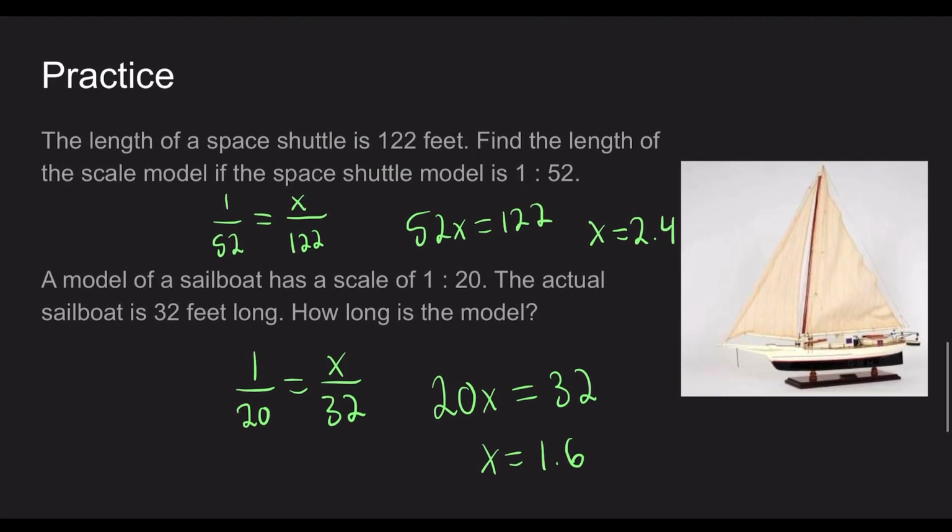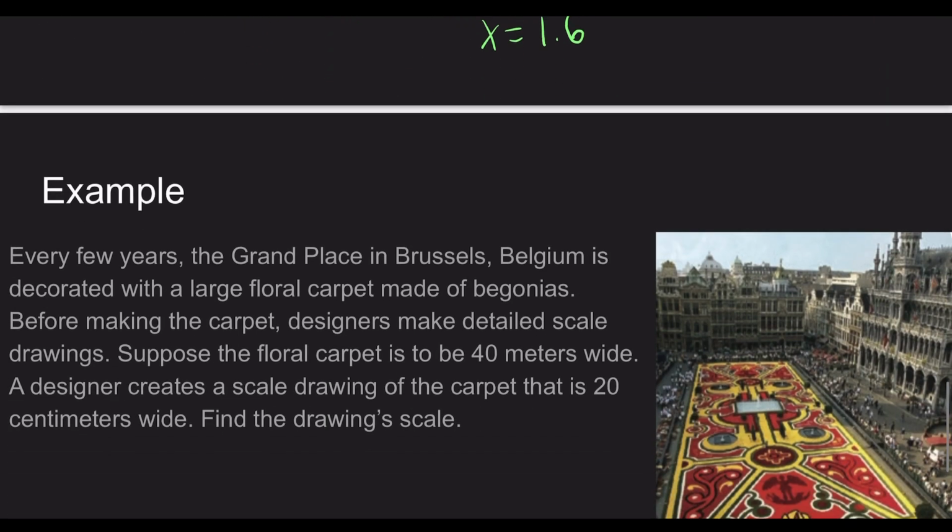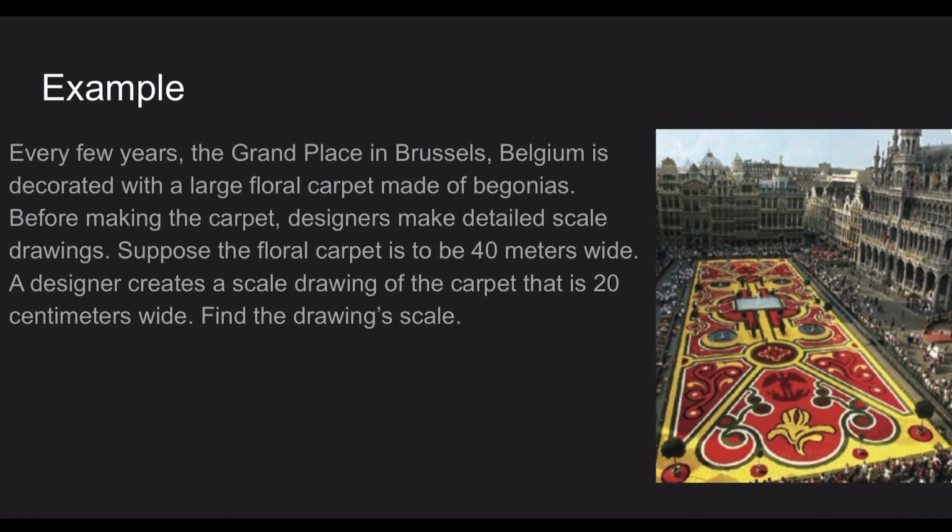So what we're doing is the opposite of what we did up here. Not the opposite necessarily, but up here, they gave us the scale. Down here, we're creating the scale. And they pretty much just lined it right out. We know one side is going to be 20 centimeters, and that same side in real life is going to be 40 meters. So to make it a scale, all we have to do is simplify that to 1 over 2.